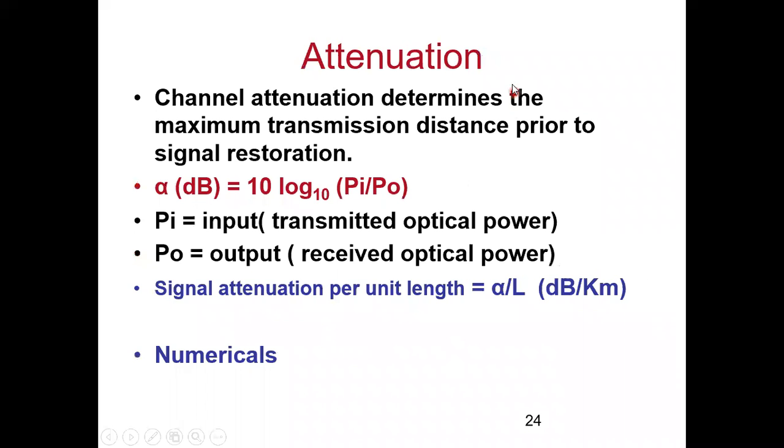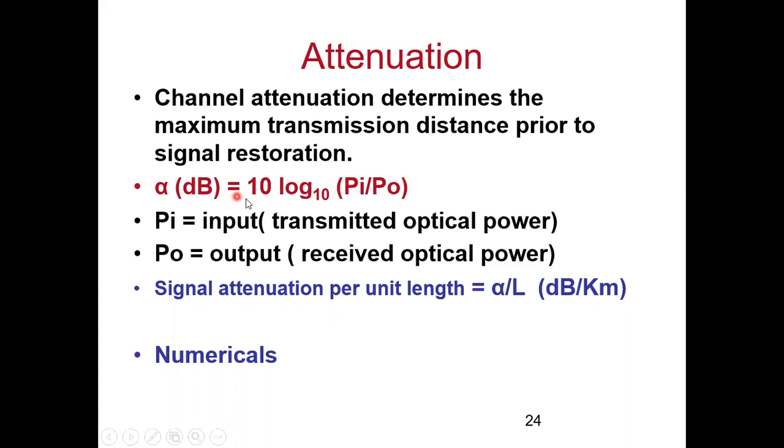So this was the formula which we ended with in the last lecture. Channel attenuation determines the maximum transmission distance prior to signal restoration. Alpha, if I am calculating in dB, is 10 log10 of Pi upon P0. The formula remains very simple, but based on the situation that is given, you need to decide something.